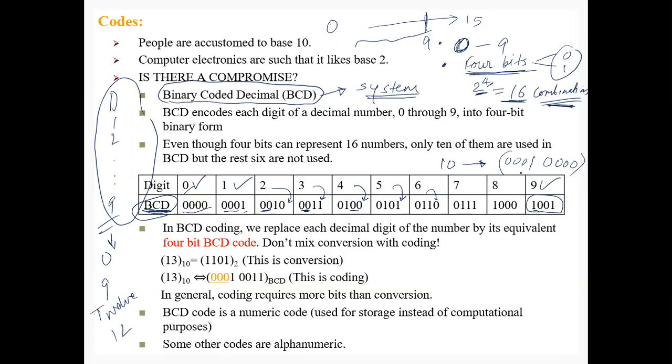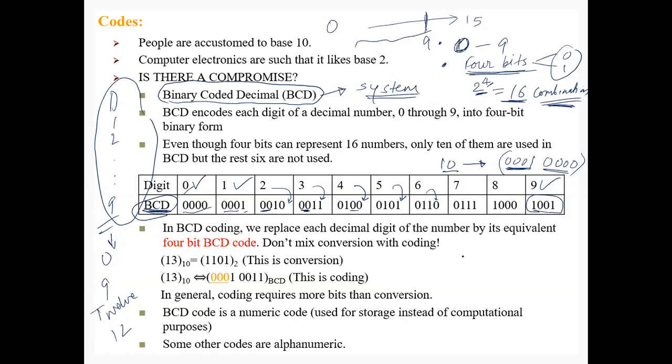If you want to represent 10, you have to use 8 bits. That's how you represent 10 in the BCD system.